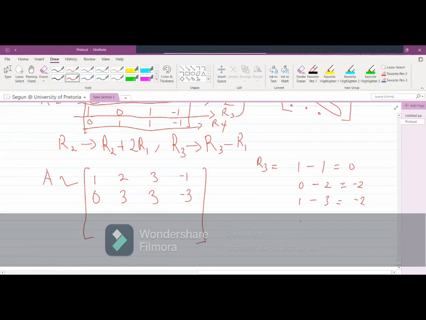The last one, minus 1 minus minus 1 is what? 0. Which is 0. So it's going to be 0, minus 2, minus 2, 0.